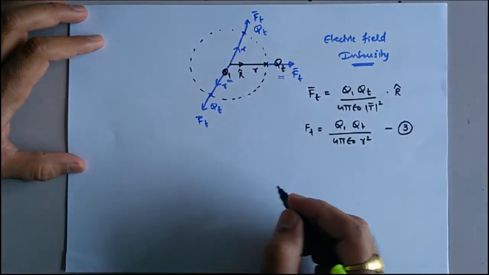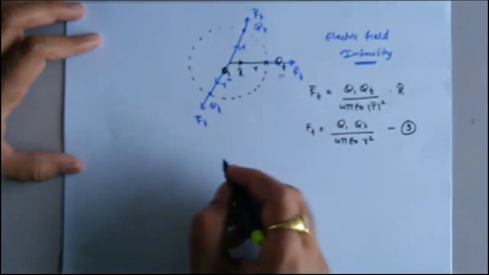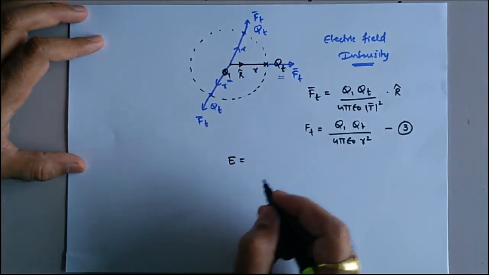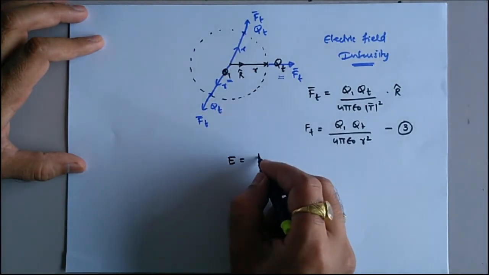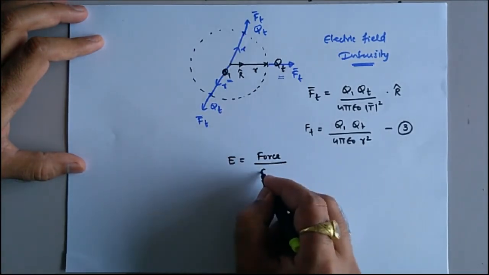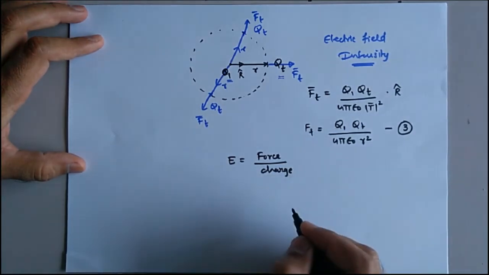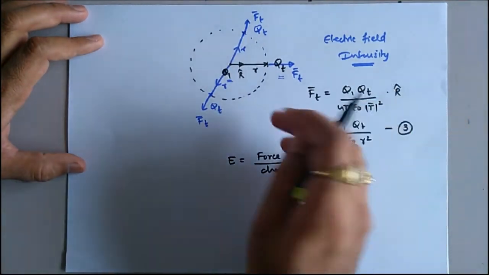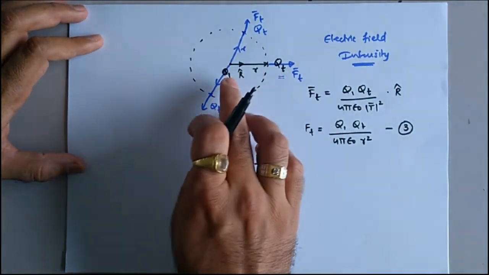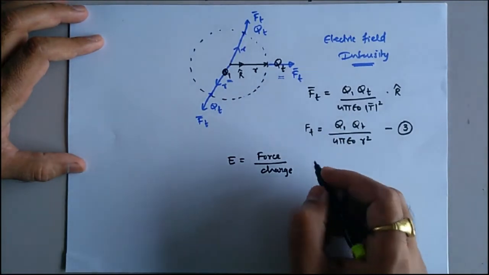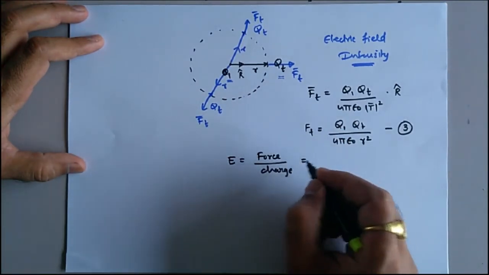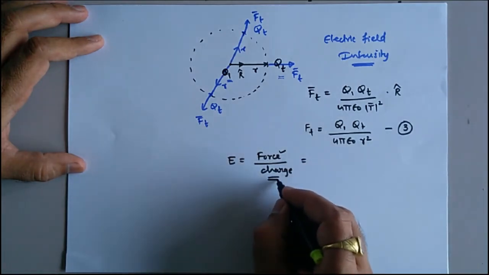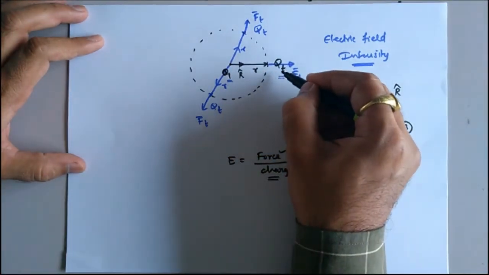Now mathematically this electric field intensity, indicated by symbol capital E, is defined as force per unit charge. So if you are interested to calculate the intensity of electric field experienced by this test charge with respect to charge q1, we need to write the expression of force from equation number 3, divided by our test positive charge, which is qt.